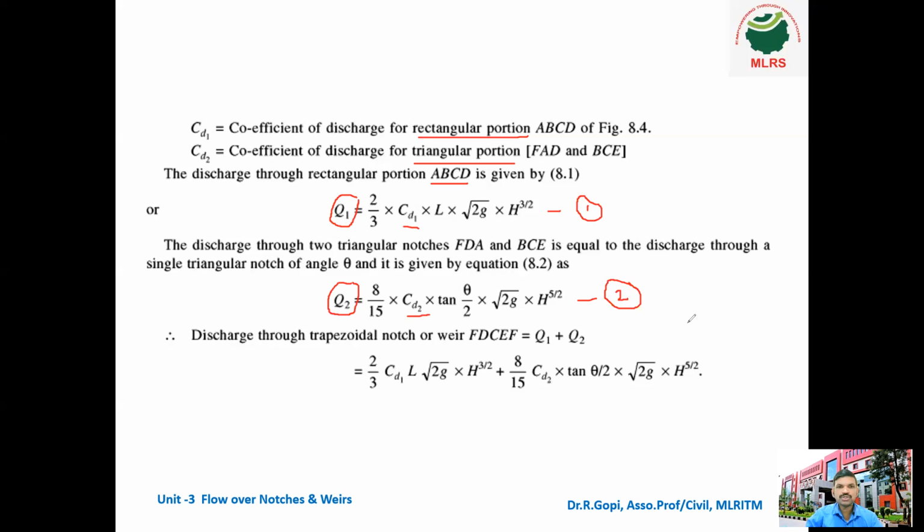The summation of these two equations gives the total discharge through the trapezoidal notch or weir. So Q1 plus Q2 is equal to 2 by 3 CD1 L root 2g H power 3 by 2 plus 8 by 15 CD2 tan theta by 2 into root 2g into H power 5 by 2. Okay, so this is the equation.